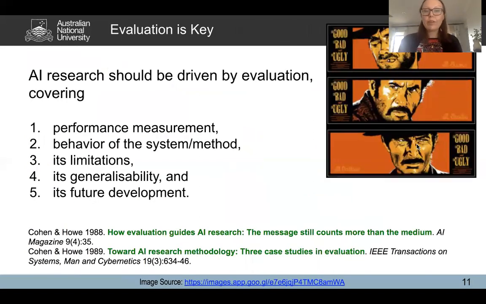From the very early onset of machine learning and AI, some from the 1980s, there are already references that AI research should be driven by careful evaluation, and I fully support this statement. Evaluation should have not only the performance measurement, for example F1 score or AUC value, but it should also tell about the system behavior or method behavior as a whole, about its limitations, generalizability, and needs for future work.